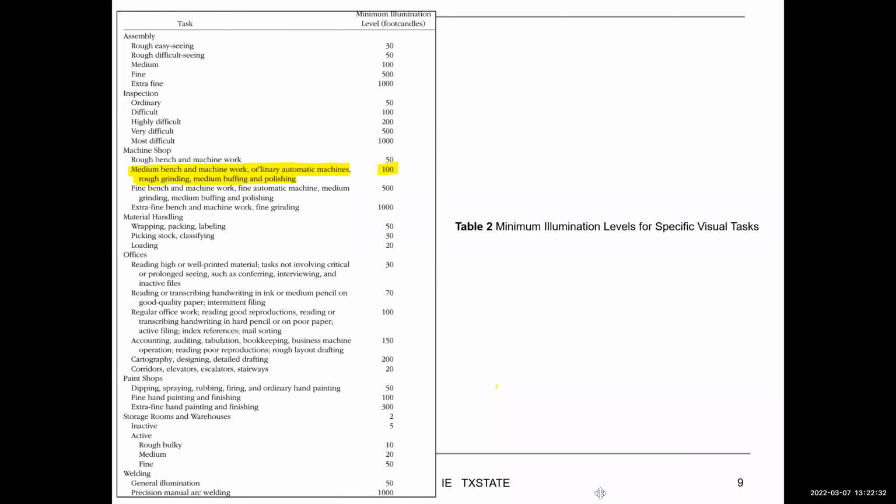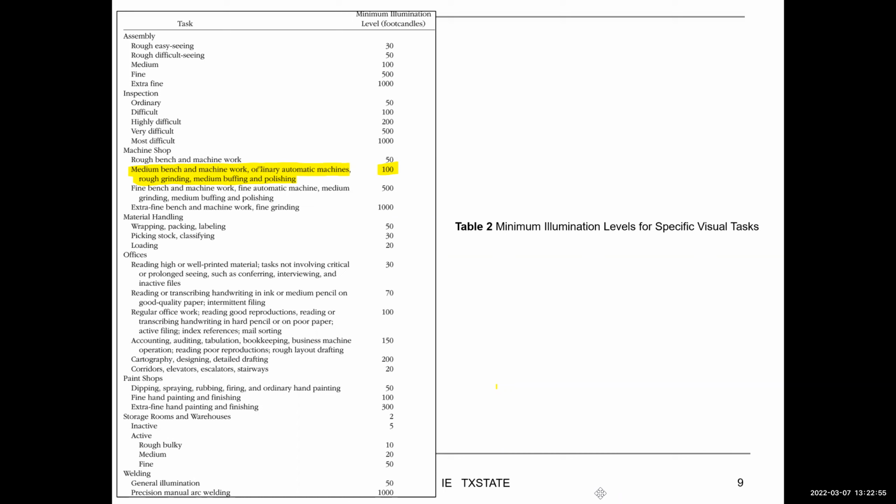That's the former measurement. So for example, here I have highlighted the medium bench and machine work. Ordinary automatic machines, rough grinding, medium buffing, and polishing require a minimum of 100 foot candles in terms of illumination.